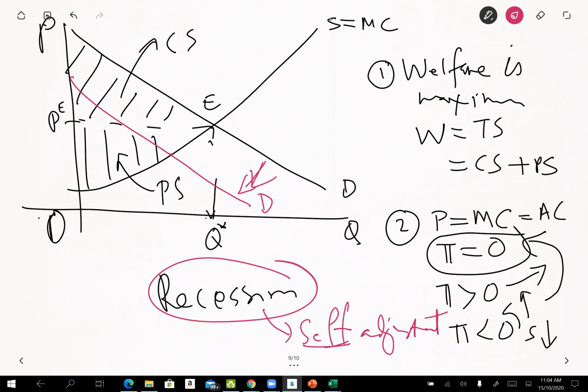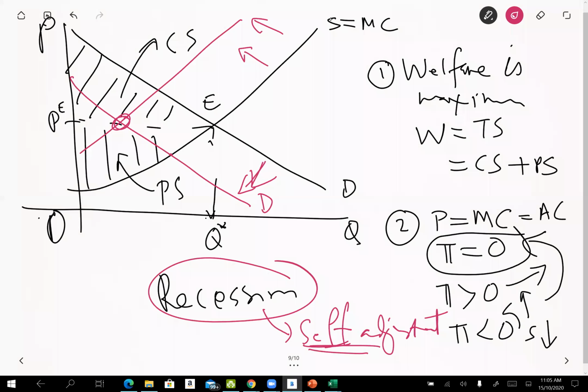So the market will self-adjust. Supply shifts to the left like that. So you get equilibrium somewhere here, where the profit is back to zero.